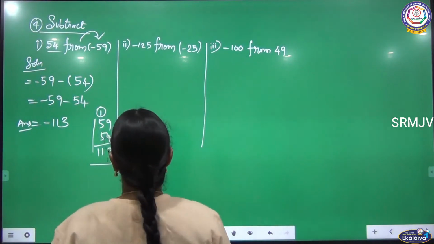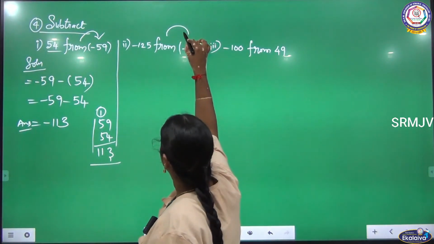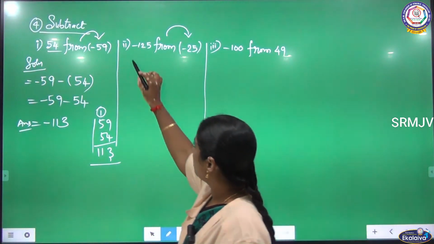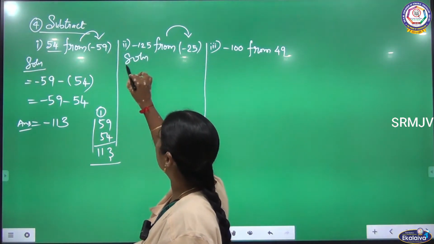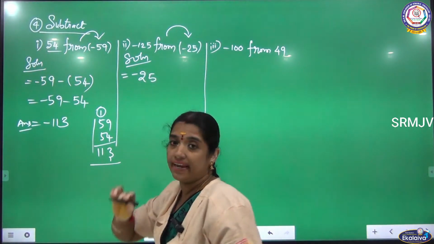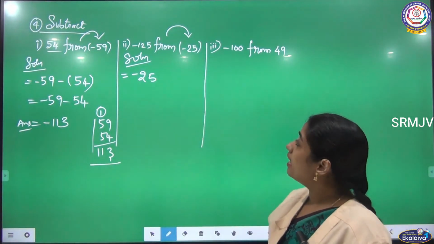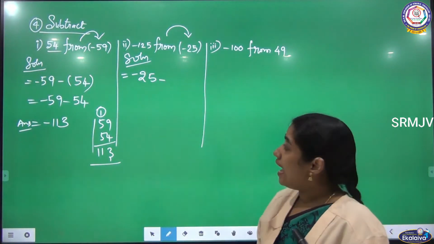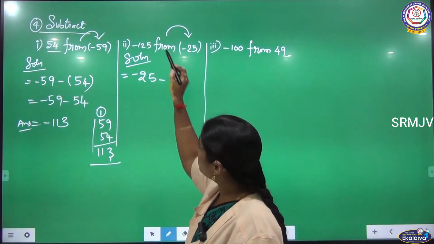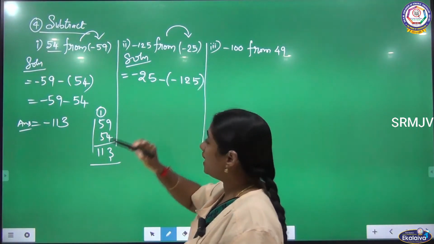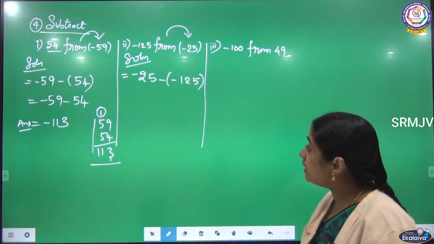I said that the number after "from" is the one I write first. Here it is minus 25, so write that minus 25 and then subtract. For that, minus, and this term is minus 25, so write it in the bracket, minus 125.